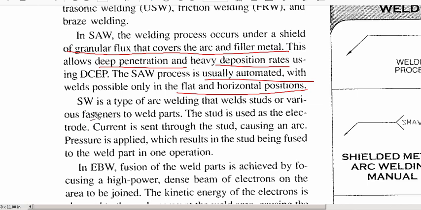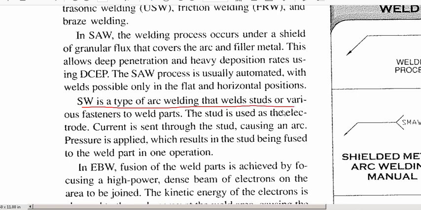Submerged obviously results from the fact that it's covered by flux. Now, in stud welding, as we've seen before, you take a stud, you run some current through it, and you make contact with your base. The current running through it creates resistance, heats it up, and melts it to the base.